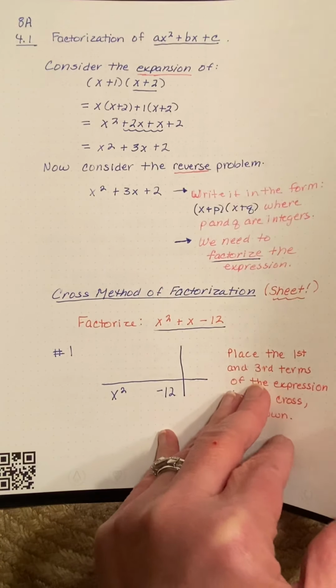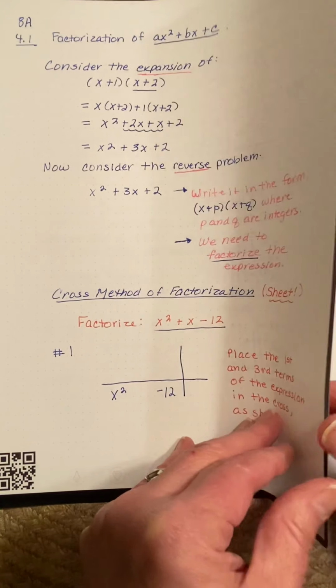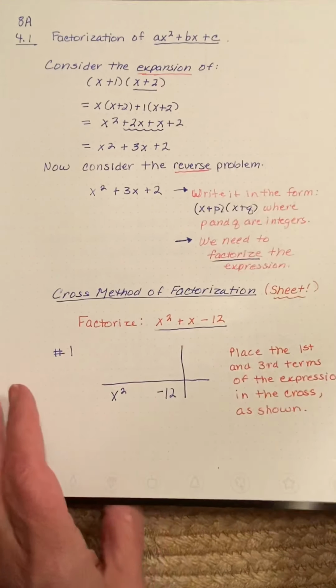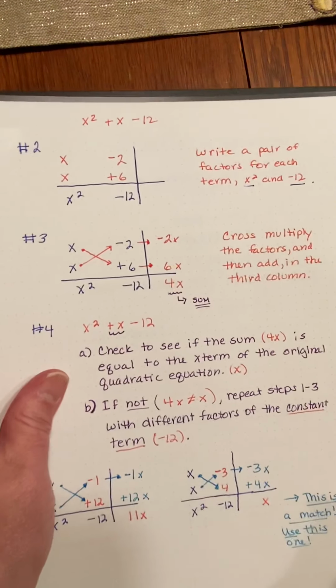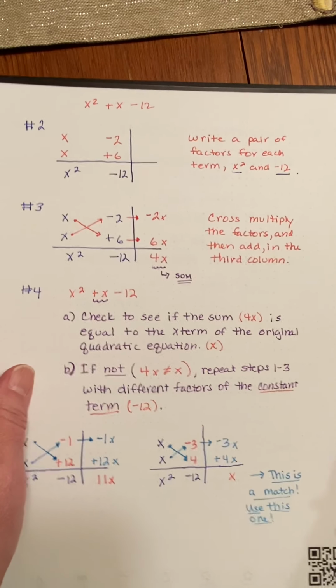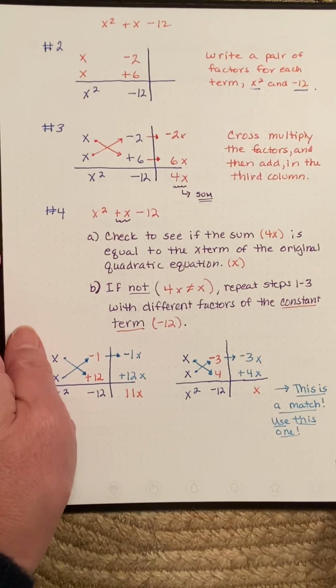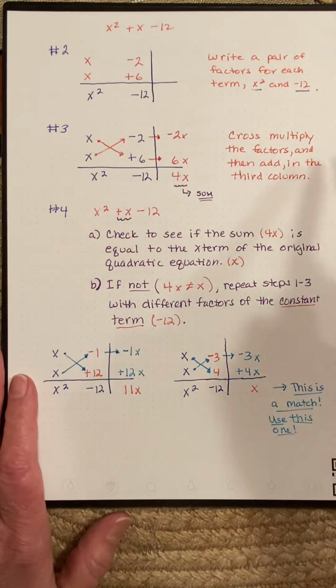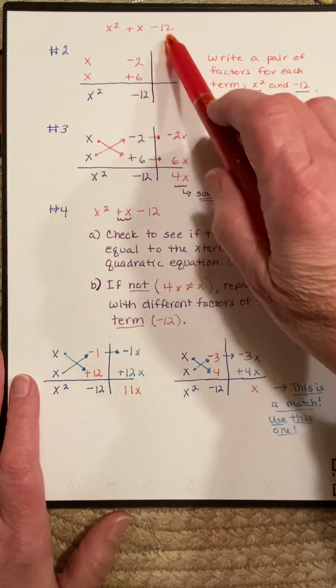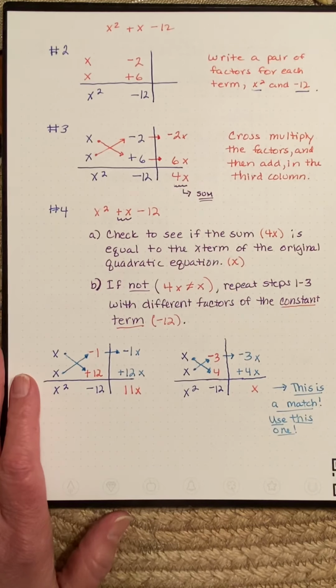Continuing on, in the second step, now remember, we already have x squared and negative 12 in the cross. The second step is represented by the red values that I put in here. I just put the original expression at the top so we know what we're doing.